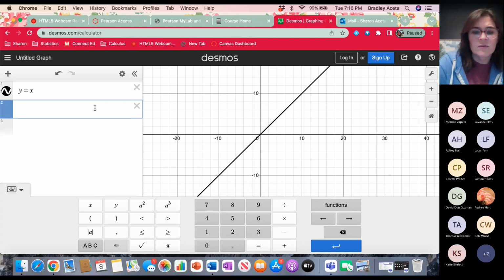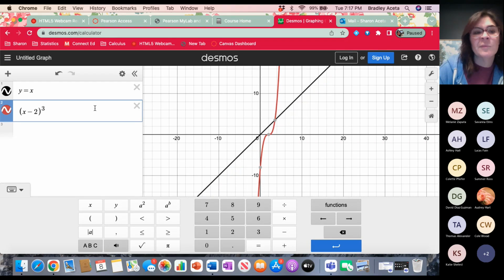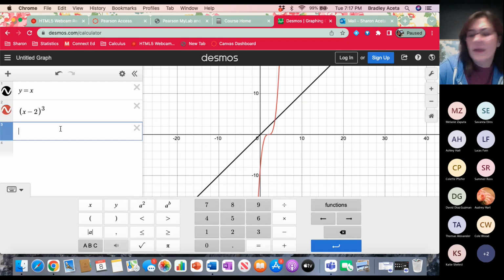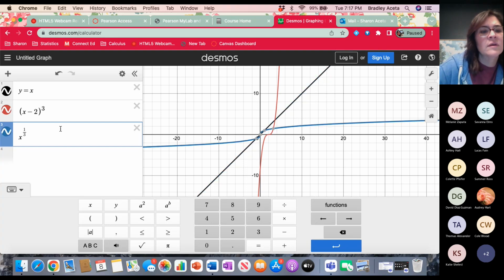So I'm going to put in the original, which was x minus 2 to the power of 3. And then what I got was the cube root, which really is x to the 1/3. And I'm going to add 2 to that.